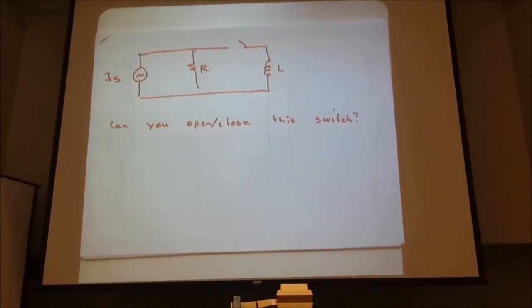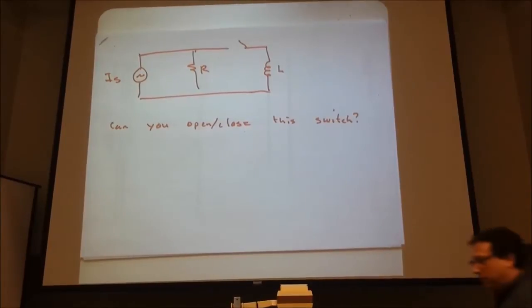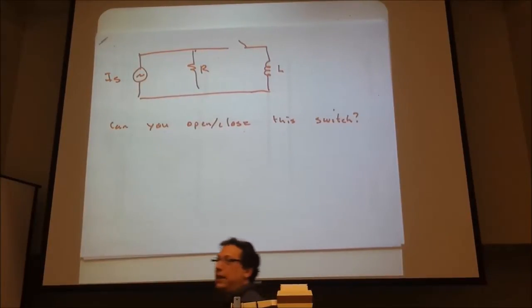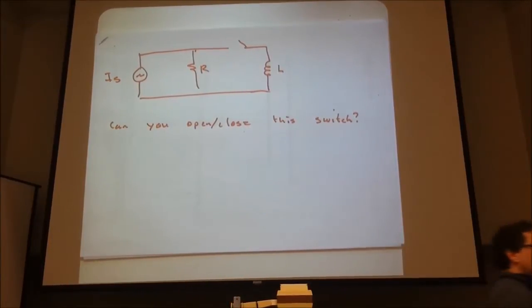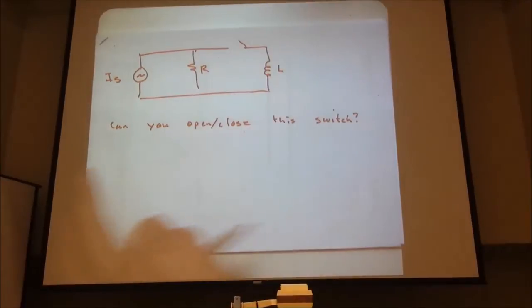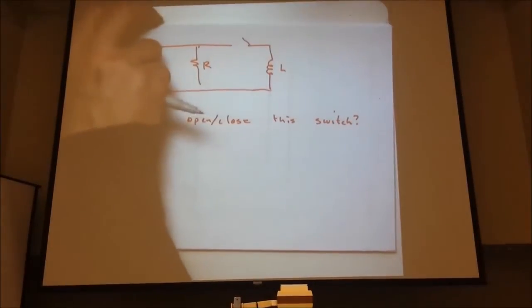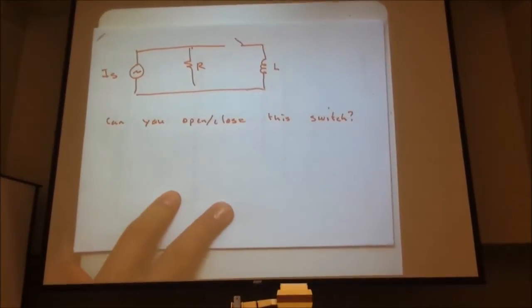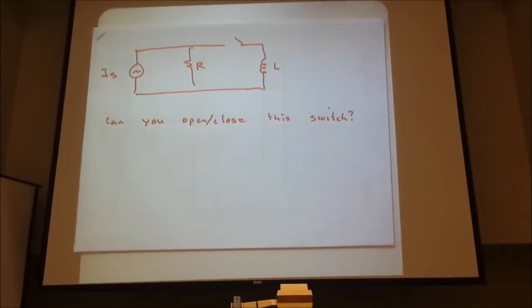If you've seen big power systems, historically there were big knife edge switches. So how do you shut off power when current's going through an inductor? And where is a very common inductor in the power system? Transformers. Transformers are essentially inductors that are coupled together, so they're pulling current through them.